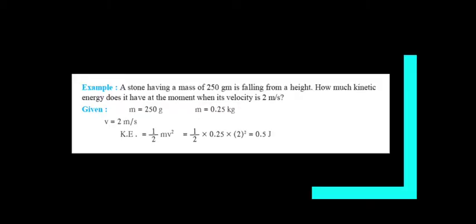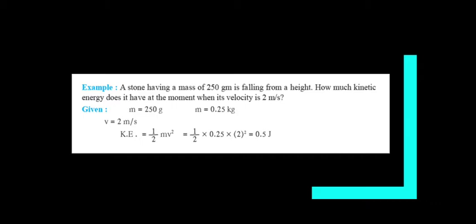Now let us solve an example here. A stone having a mass of 250 gram is falling from a height. So mass is 250 gram. Now you have to convert it into kilograms. How much kinetic energy does it have at the moment when its velocity is 2 meter per second? So mass is given and the final velocity is given, right?